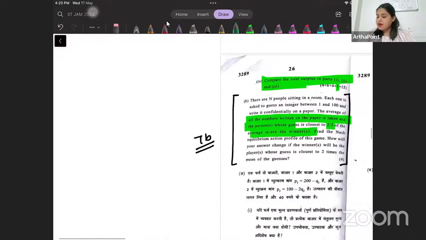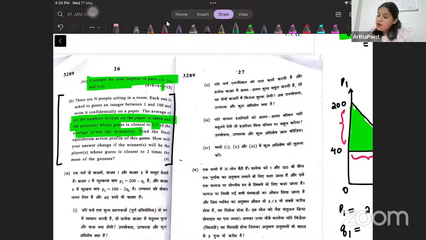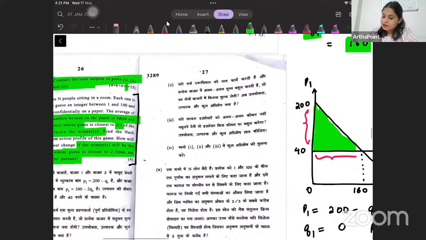Let's look at the second part now. It says, how will your answer change if the winner will be the player whose guess is closest to 2 times the mean of the guesses? 2 times the mean of the guesses. So beta, let's take an example for this also.